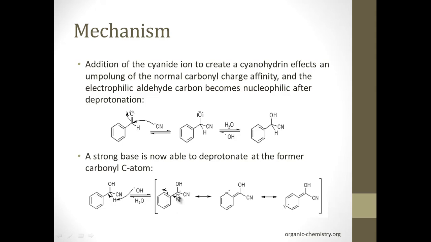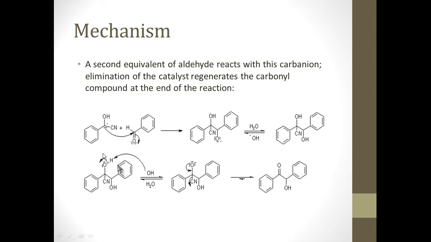So in the next step we'll see the second equivalent. We know in the reaction, from the previous slide, two aromatic aldehydes are used. So another second equivalent of aldehyde reacts with this carbanion, the carbon with negative charge.